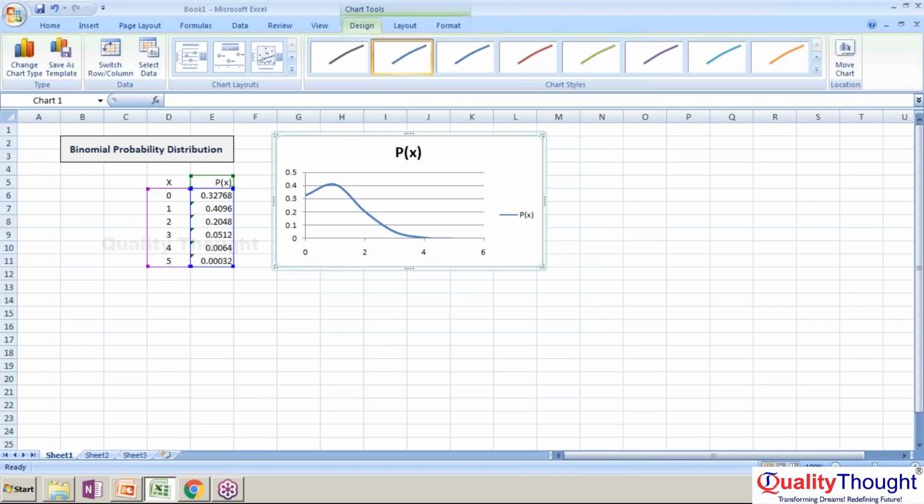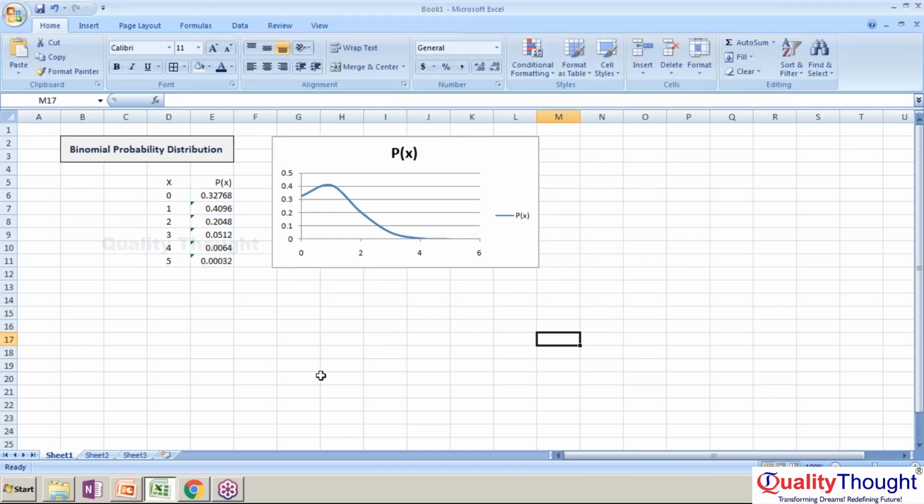Can you please tell me, is this a normal distribution? Is it left skewed or right skewed? Right, good. Okay. Now, shall we go ahead with one more example, guys?